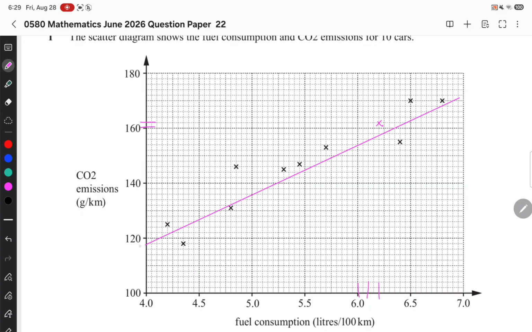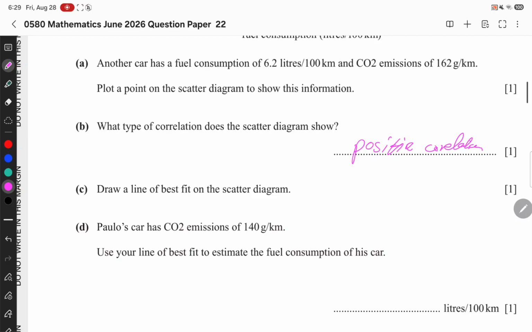You guys can just draw any one. For example, this could be your best line of fit. Within this margin that I drew, I could have it like this, whatever works for you.